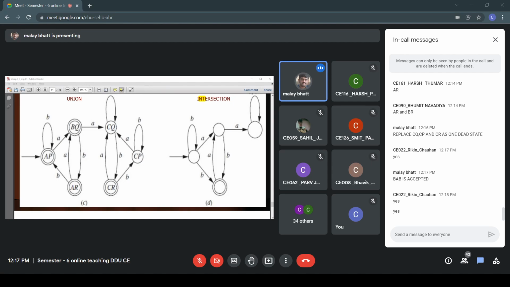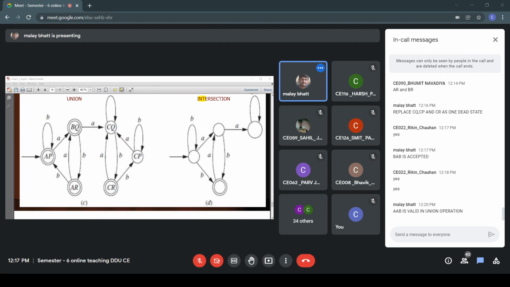Any one criterion should be satisfied. So you can see AAB is a valid string in the union, because it is ending with AB.